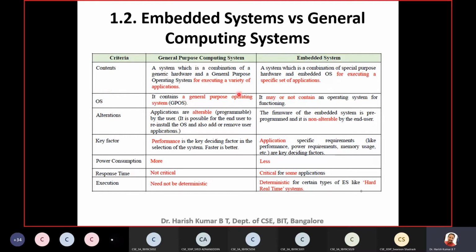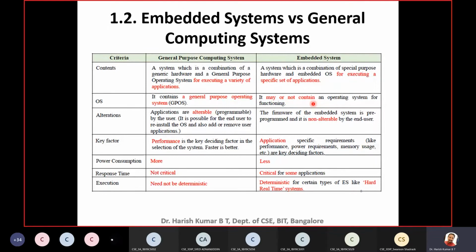This we have already discussed here. The operating system running on the general purpose computing system is a GPOS, that is, general purpose operating system, as mentioned here. Or even shorter, you can also call it a platform operating system. But in an embedded system, the majority of the time it is a real-time operating system, and sometimes an embedded system may not even contain an operating system.